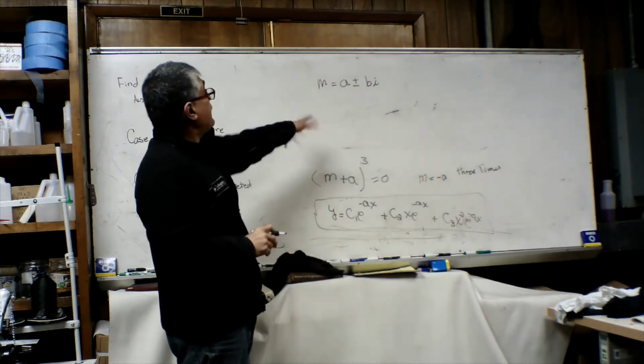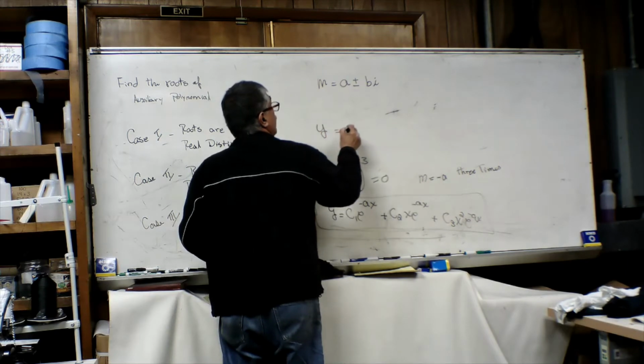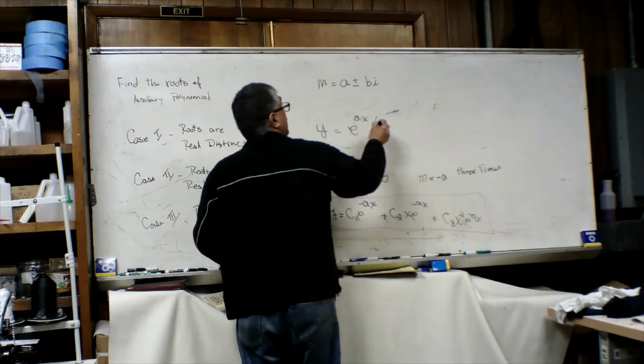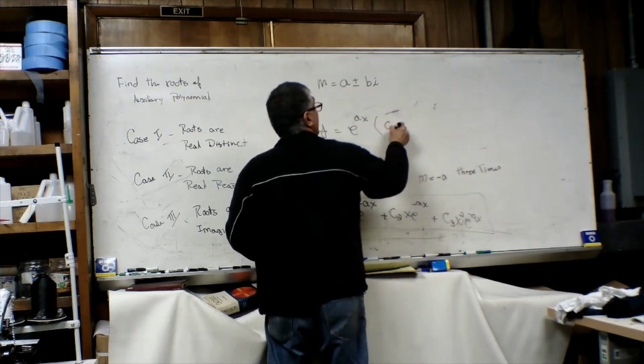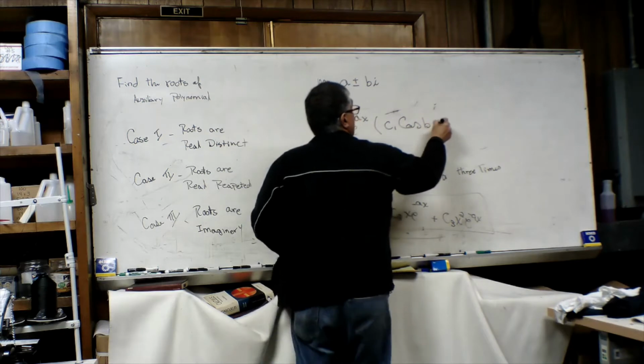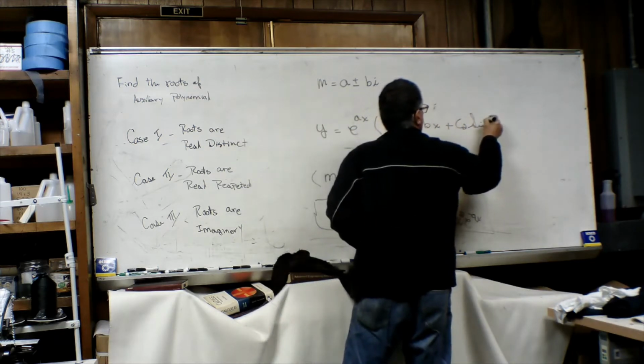So in a case like this, the general solution will be equal to e to power ax multiplied by c1 cosine of bx plus c2 sine of bx.